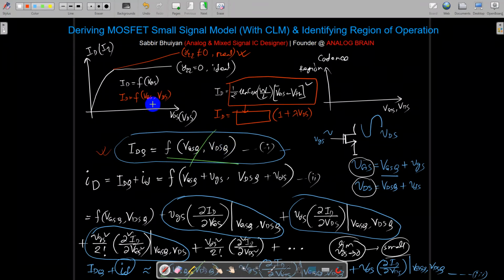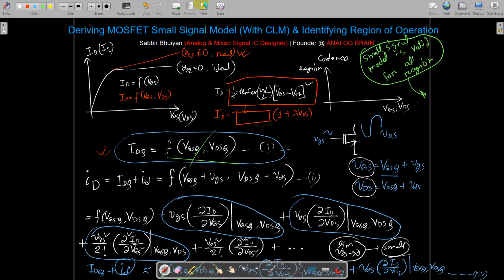So I can say that your small signal model is valid for all regions. So what is the constraint on validity? The constraint on validity is that your signal should be small relative to your overdrive voltage. That's the thing.